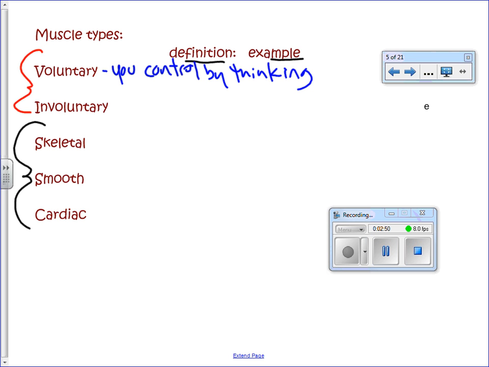Some people think walking is involuntary because I don't have to think about it. But you had to learn how to do it when you were little. If you had to practice how to do it, that's voluntary. You control by thinking about it. So for example, walking, almost all skeletal muscle.